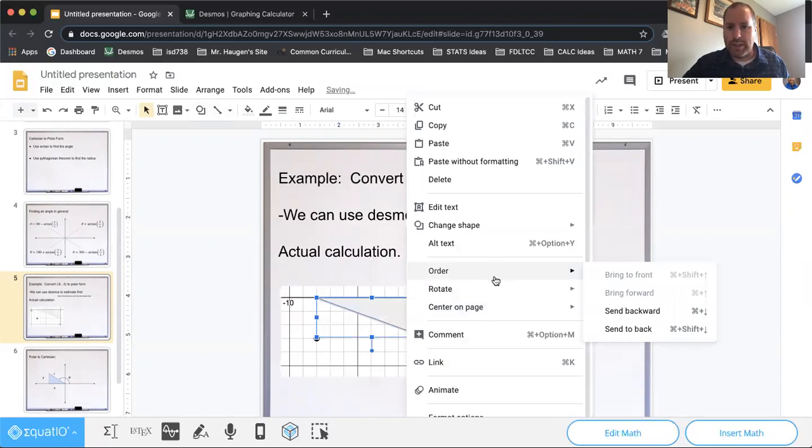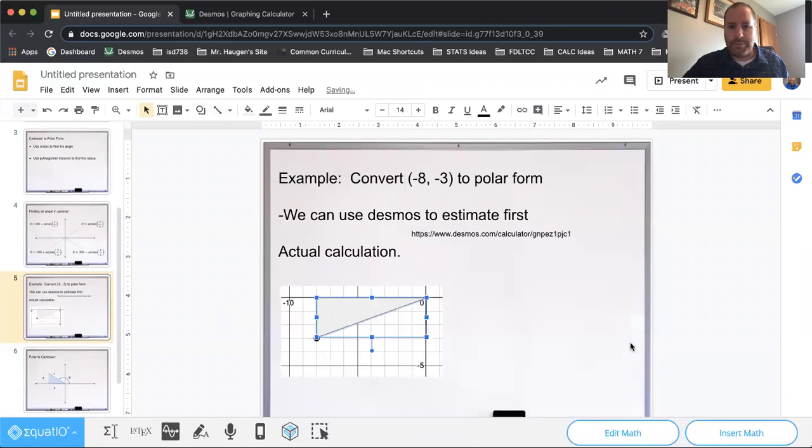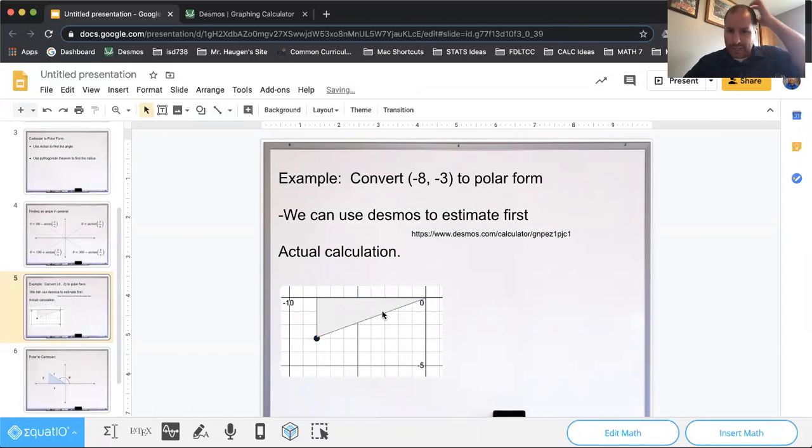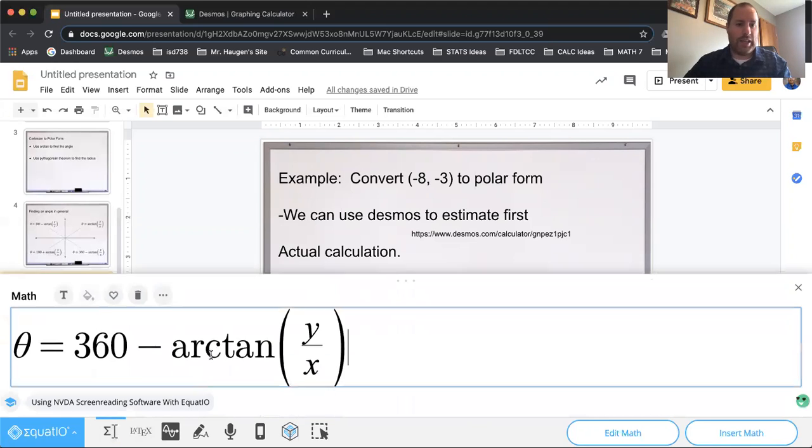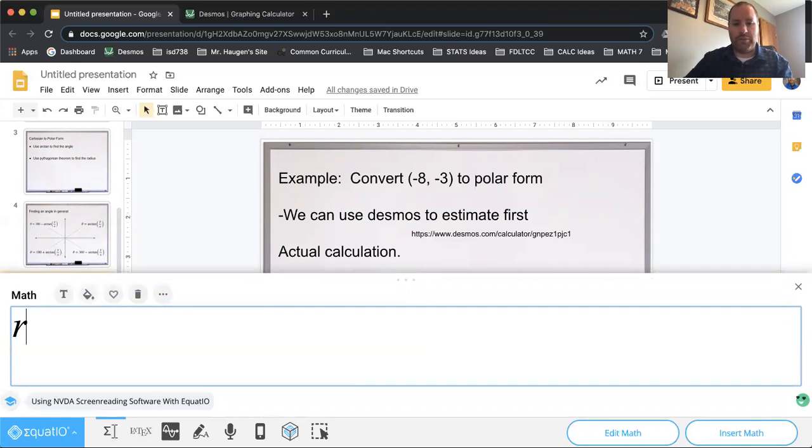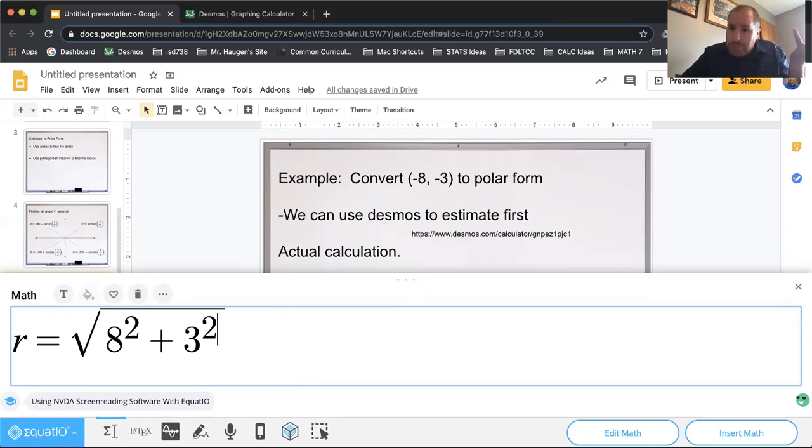Let us flip this thing over. Okay, so there's our triangle. We have 8 this way, 3 this way. So we could find that radius, right? I would know that the radius is equal to the square root of 8 squared plus 3 squared. Now, some people might be saying, well, aren't they negative? Which is true, right?